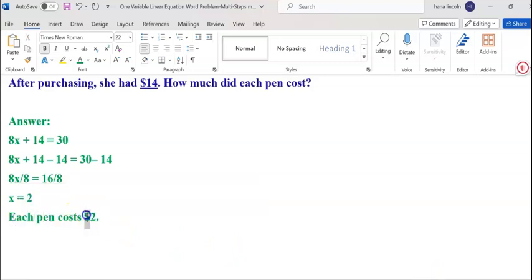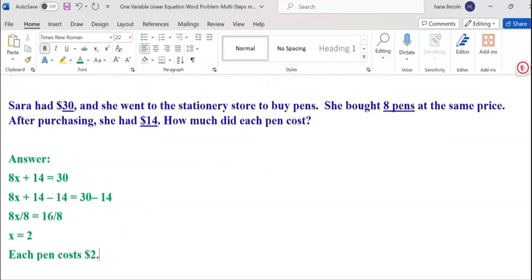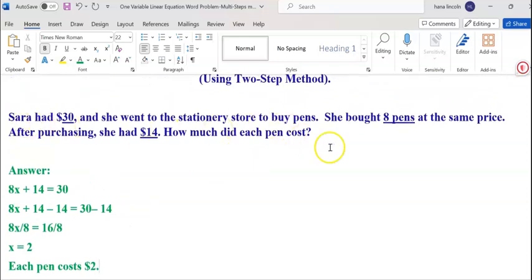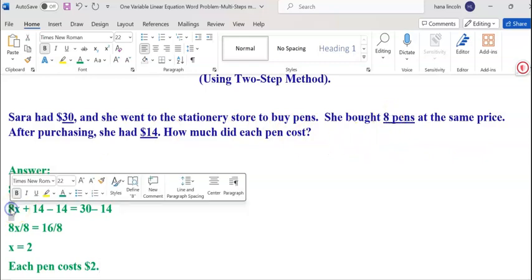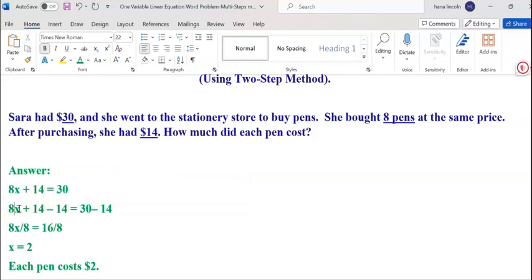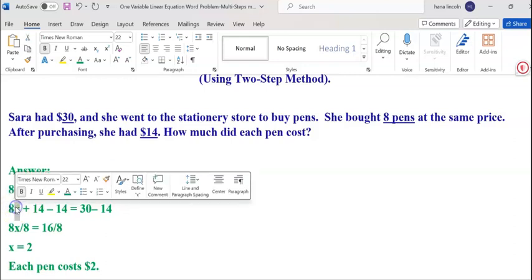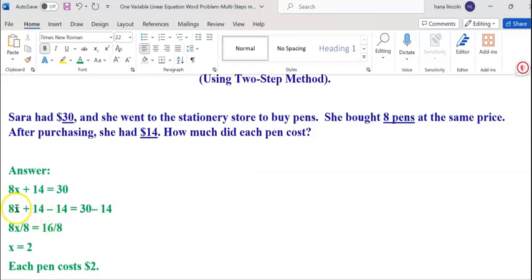All right, this is a two-step method to solve a given problem like this one, okay? Because multiplication is involved in this case, right? The number of pens is 8, times the value of each pen, which we don't know. So when multiplication and addition are involved, we use two steps.